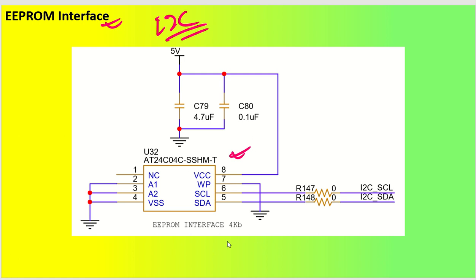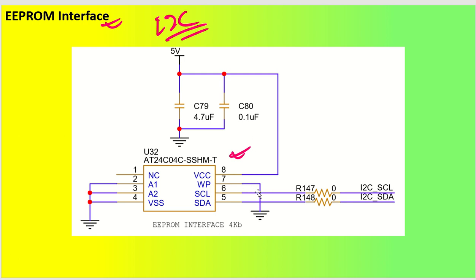This is a 4 kilobit EEPROM, and it has two address lines, A1 and A2, this is my ground pin VSS, this is my SDA line, that is the I2C data line, and SCL line, that is the I2C clock line. And this is write protection. If it is high then it will not allow you to write, and if it is low then it will allow you to write. By default I have kept it low so that I don't waste a microcontroller pin.